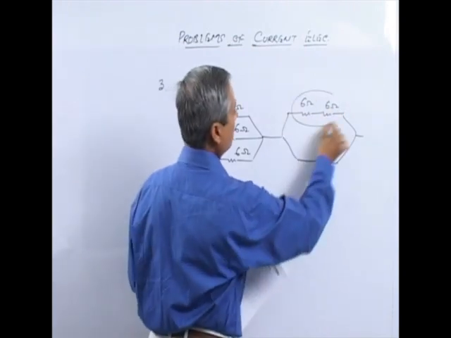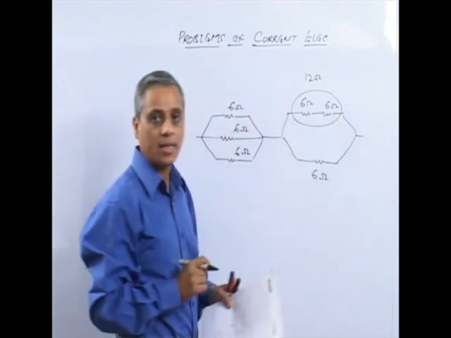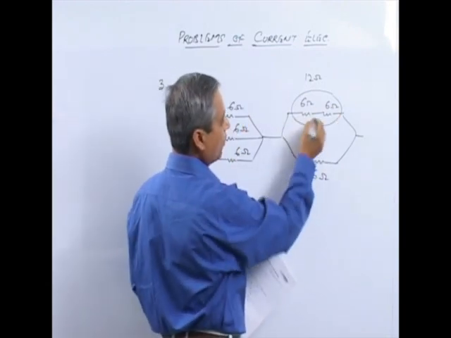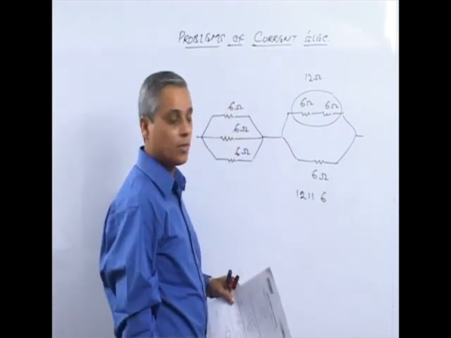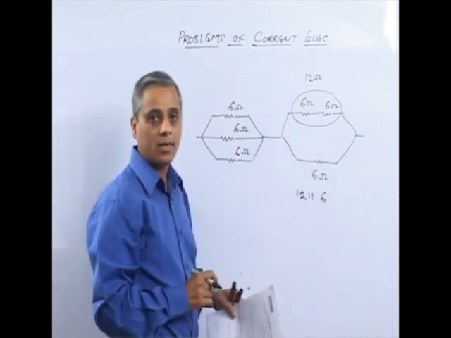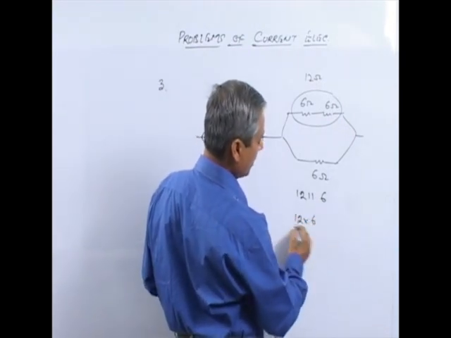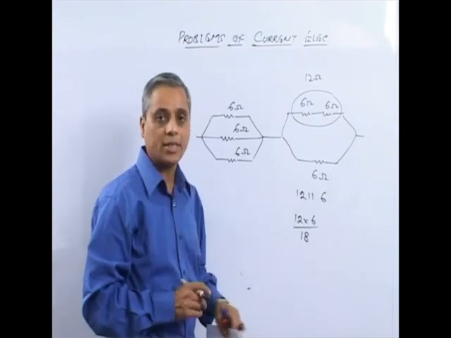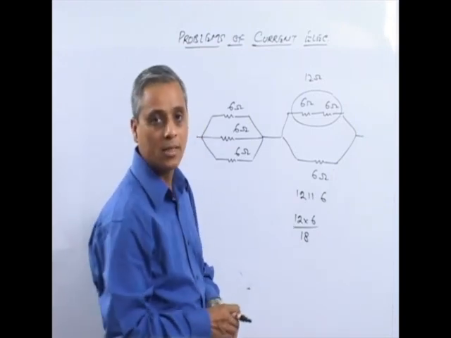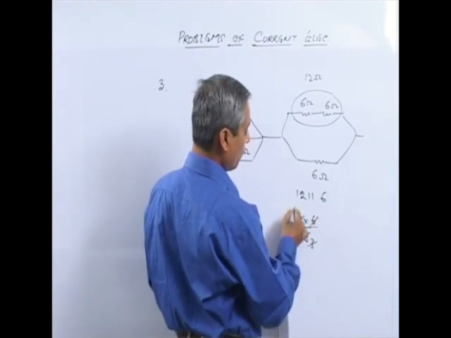So this entire will become 12 ohm actually. The 2 resistances are in series, and then this 12 ohm is in parallel with 6 ohm. When 2 resistances are in parallel, you can solve it like this. 12 into 6 divided by 12 plus 6, 18. Actually for parallel combination it is R1 R2 upon R1 plus R2. So this will amount to 4 ohms actually.